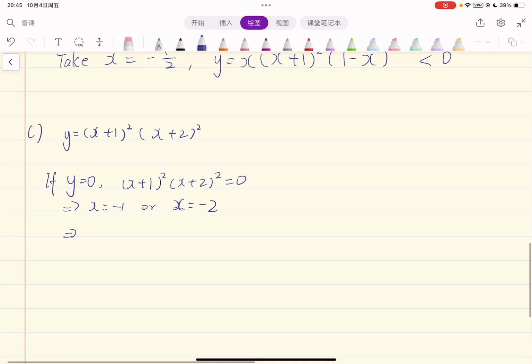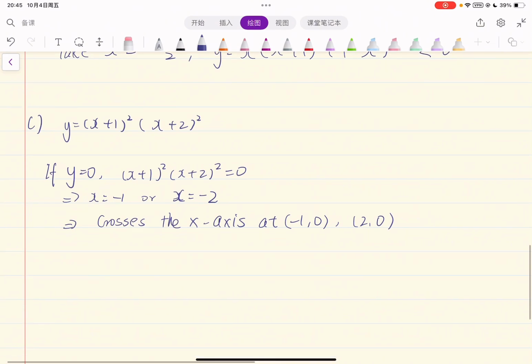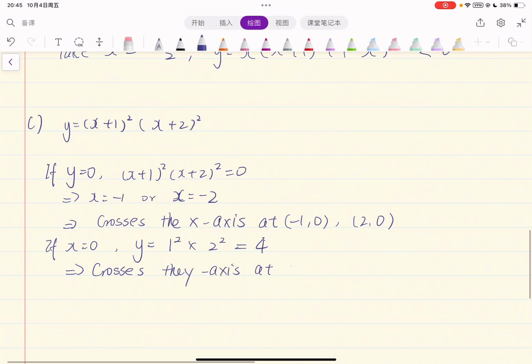So the curve crosses the x-axis at (minus 1, 0) and (minus 2, 0). Now if x equals 0, y equals 1 squared times 2 squared, which equals 4. So the curve crosses the y-axis at (0, 4).